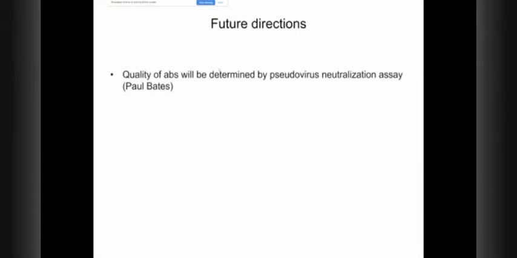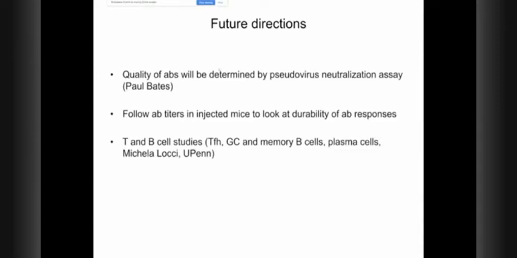Paul Bates is performing pseudovirus neutralization assays, and this will be absolutely critical. We would like to follow antibody titers in these injected mice to look at the durability of antibody responses. In previous studies with influenza and Zika vaccines, we demonstrated that this vaccine platform induced durable antibody responses many times after a single immunization.